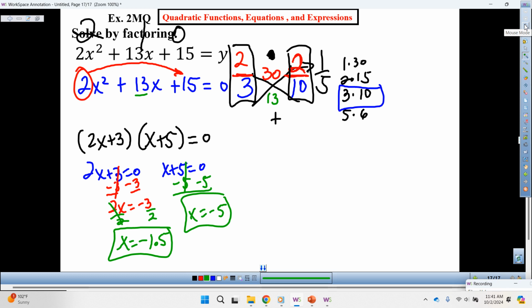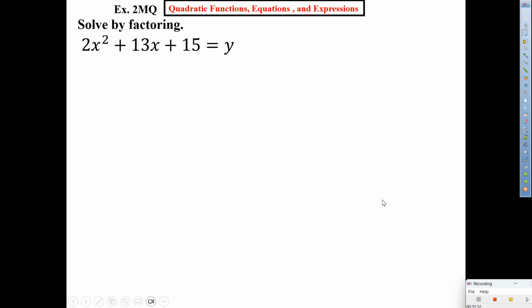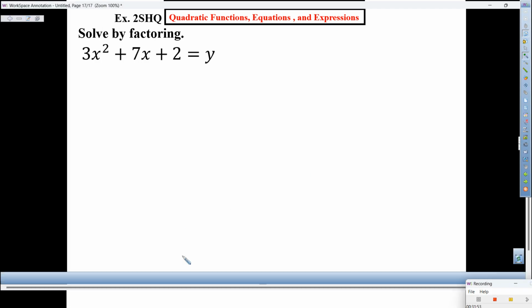And you're going to do one of these again by yourself. Copy this one. 3x squared plus 7x plus 2 equals y. Solve by factoring. So, I'll give you a head start. Help me out with this one. Evelyn, what do I do?